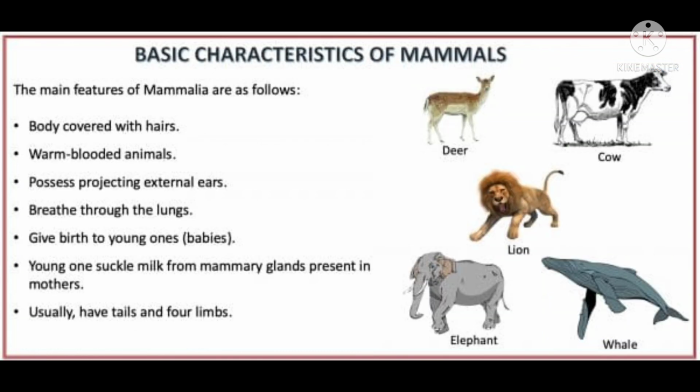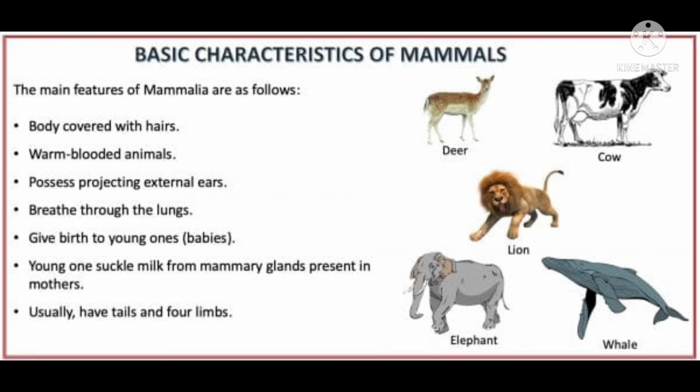Class Mammalia. Mammals are warm-blooded animals with a 4-chambered heart. They are grouped under Mammalia due to the presence of mammary glands, which secrete milk for nourishing their young ones. Their skin has hairs as well as glands such as sweat glands and oil glands.